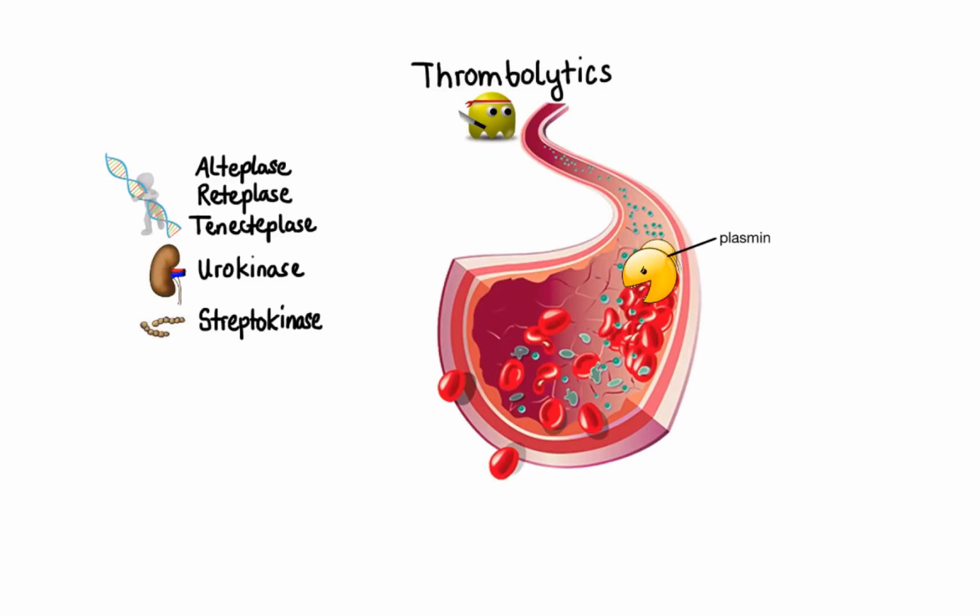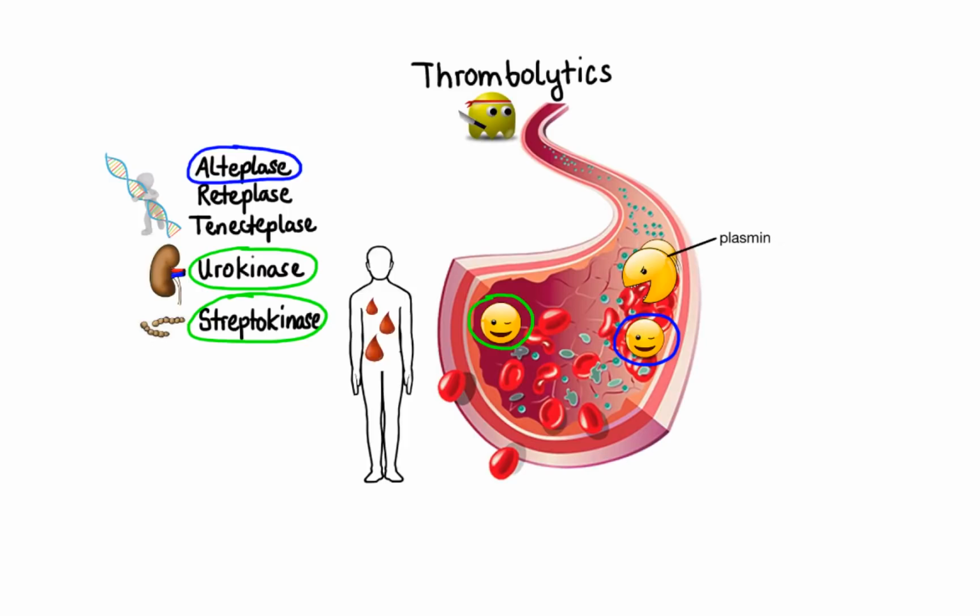Now, one of the main differences between these agents is their selectivity for fibrin-bound plasminogen versus free circulating plasminogen. So while tissue plasminogen activator such as alteplase is more clot selective and acts to dissolve the fibrin in the thrombus, streptokinase and urokinase are less clot selective and thus are more likely to cause internal bleeding into any organ system.